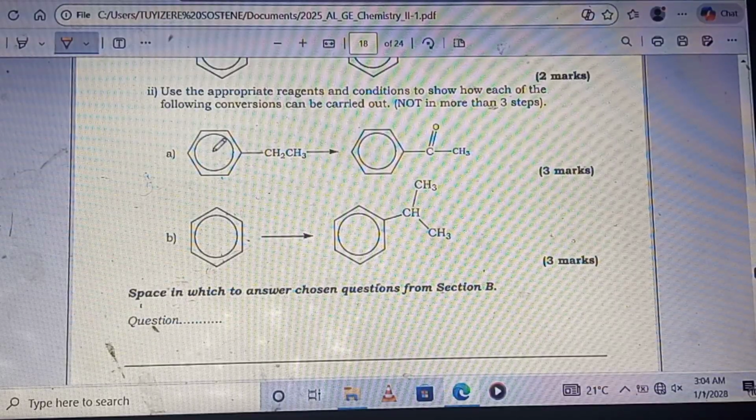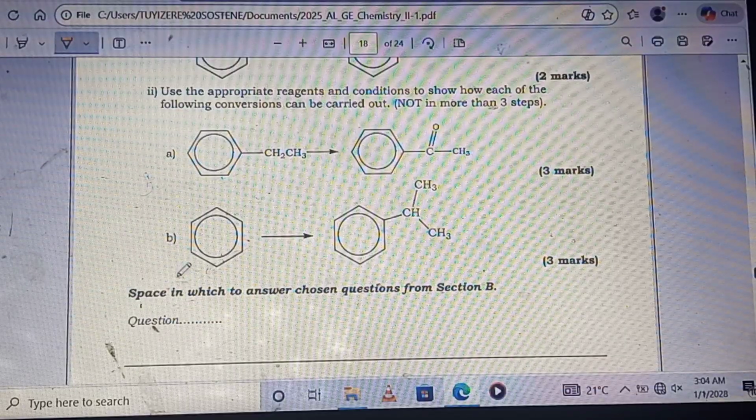Ethylbenzene changes into acetophenone. The first step is oxidation, where we change this ethylbenzene in the presence of an oxidizing agent. The next step is Friedel-Crafts acylation, and then it changes into acetophenone.